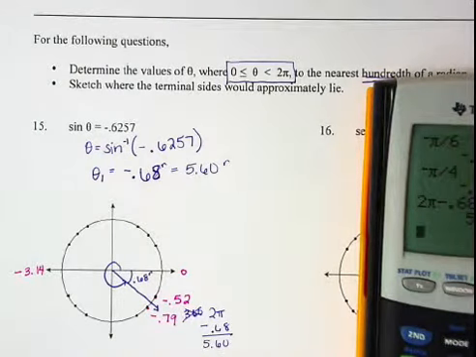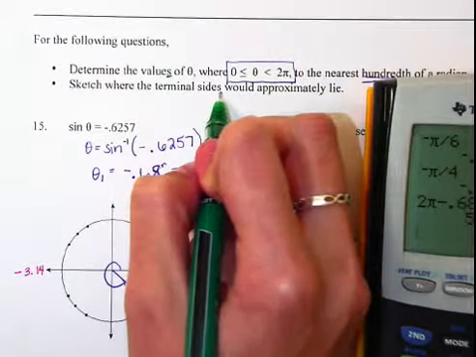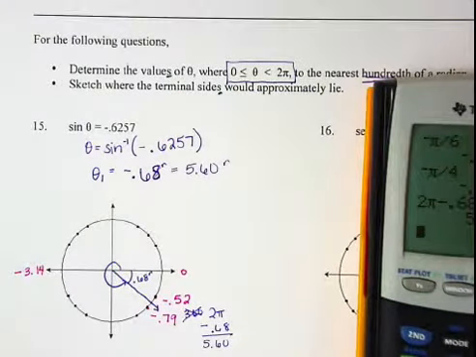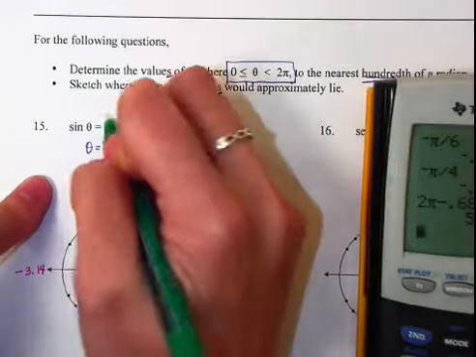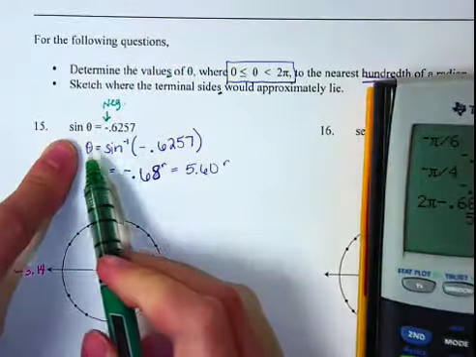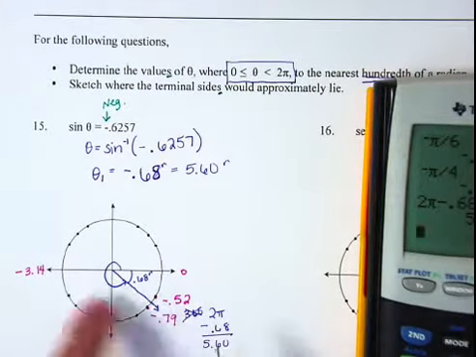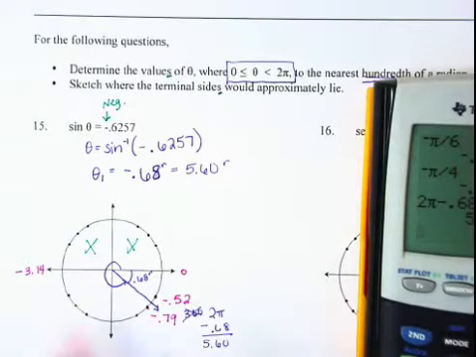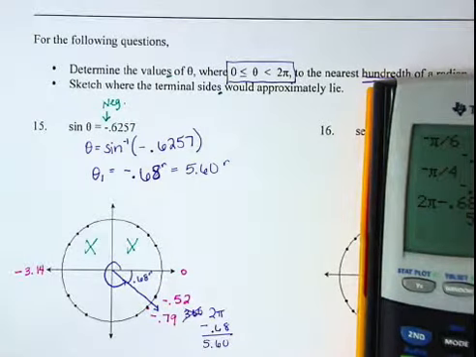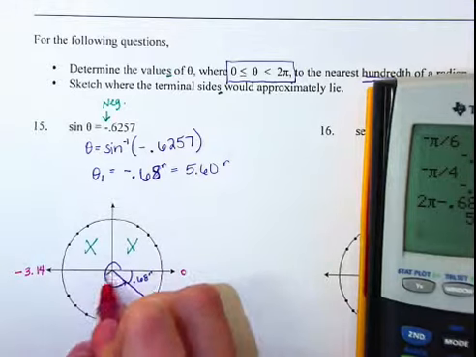To figure out my second side, because it says values, plural, terminal sides, plural, multiple, I need to look at the value. I notice that it's negative. Sine is focusing on the y. Y is negative in the fourth and the third, so it's not first or second. Using the fact that the unit circle is symmetrical, I know that it's going to be between these 2 points here.